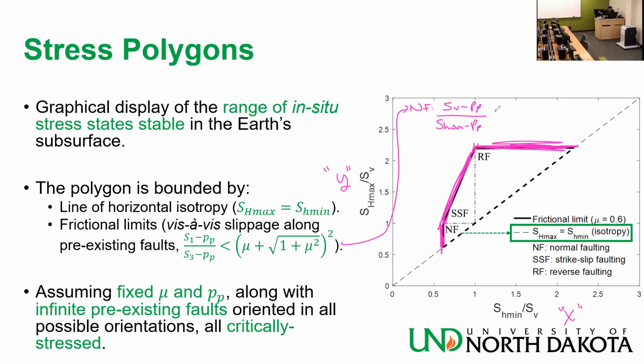And then what will be the right-hand side? If I assume that mu is 0.6, it would be 3.12. So what I will do is take the denominator and multiply by 3.12. So I will get something like, let's do it straight, SH mean minus 3.12 pore pressure.